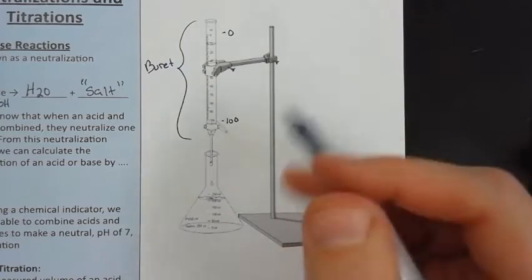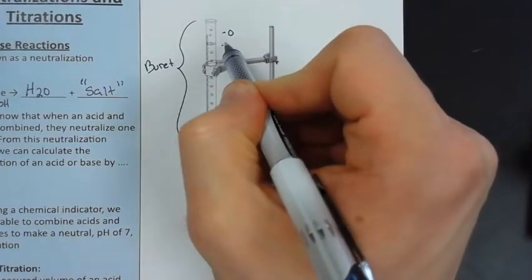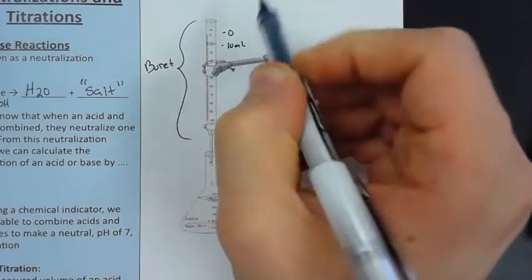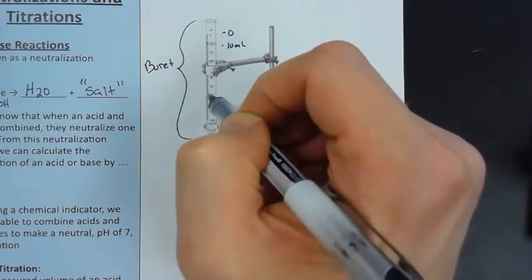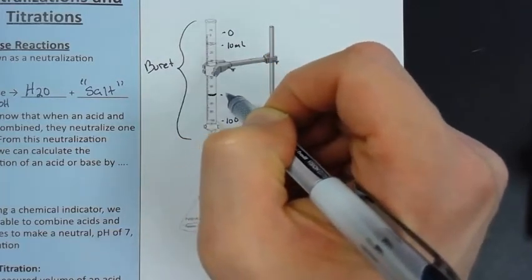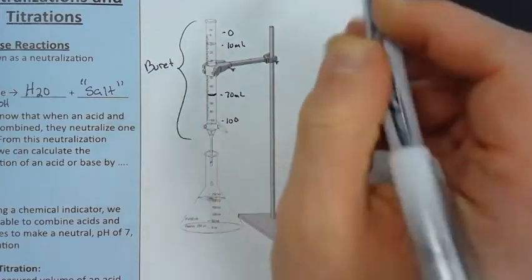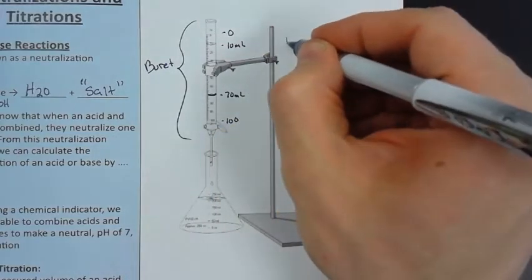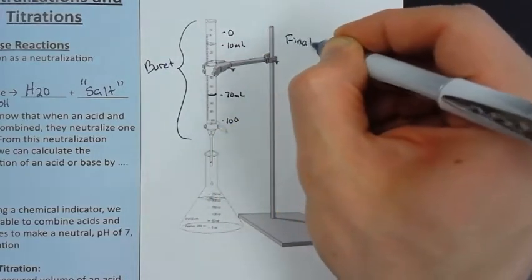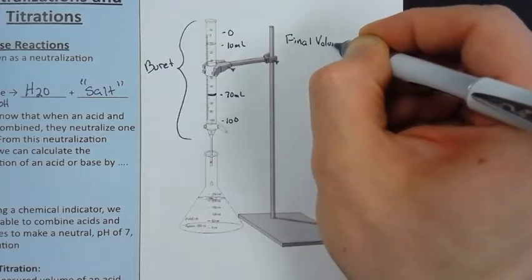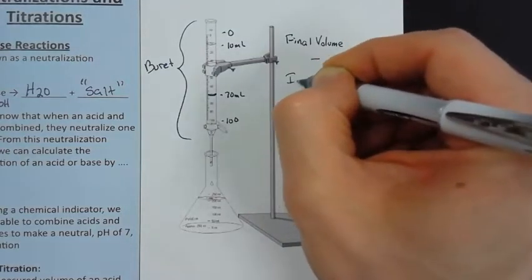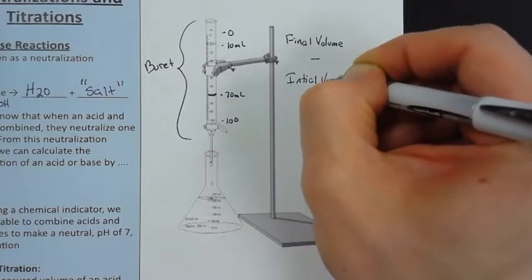Okay? So let's say this volume here is at 10 milliliters, and then after a while, our liquid line is down here at 70 milliliters. What we want to do is take the final volume and subtract the initial volume.